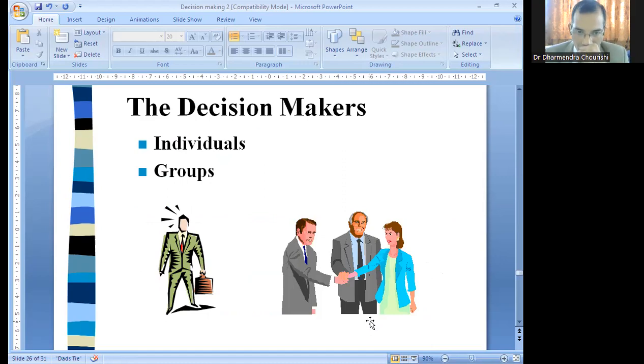Decision makers could be an individual or a group. You can take decisions individually or in a group as well. It depends, and definitely it's always good to take decisions in a group, considering different issues. You can consult with different people, different levels of people.